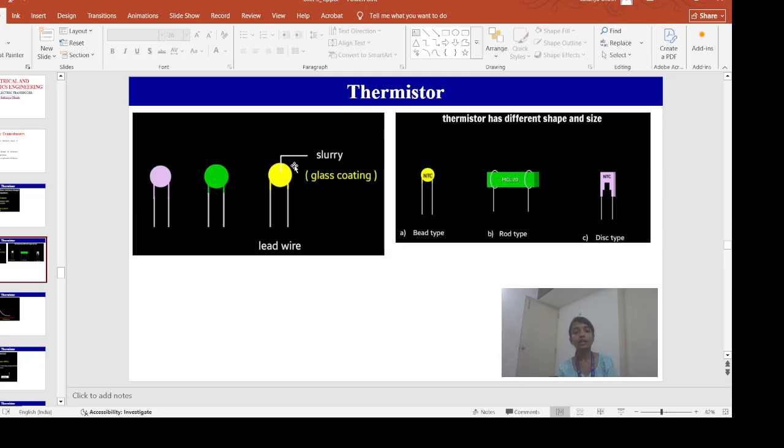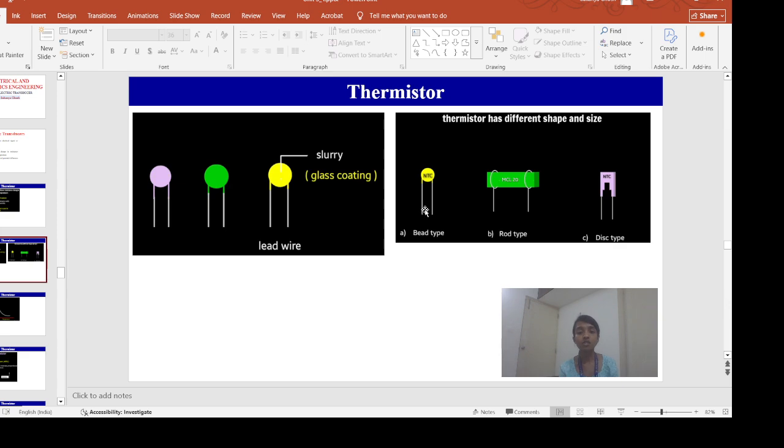Then it is dried in a sintering furnace. So this is how these thermistors are made. On this slurry, when it is dried up, sometimes we put a glass coating so that it can serve as a waterproof thermistor. Thermistors come in different sizes and shapes.